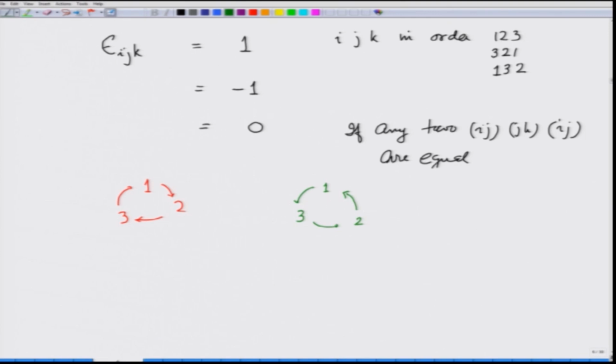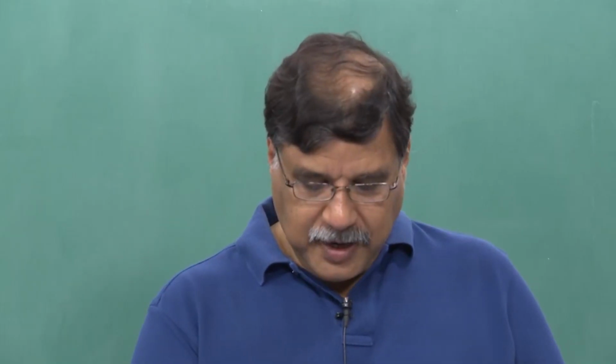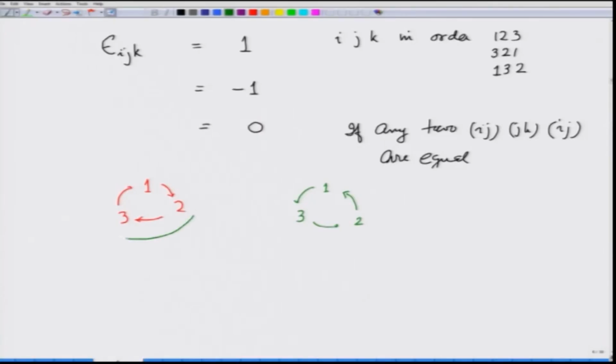If 1, 2, 3 appear in any order of this circle, that means if I have 1, 2, 3 or 2, 3, 1 or 3, 1, 2.